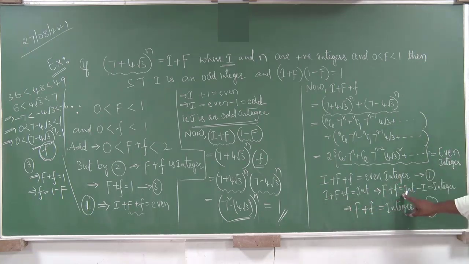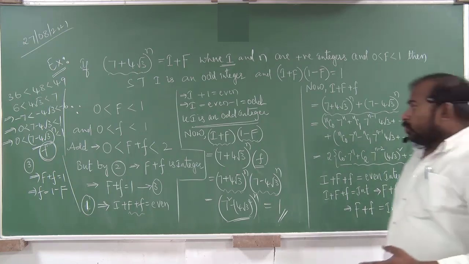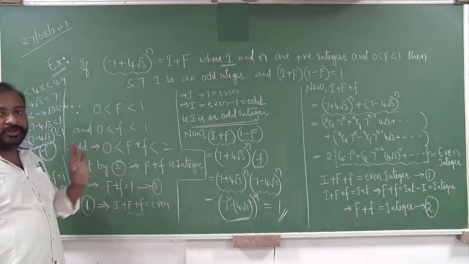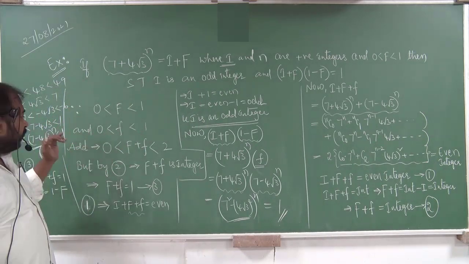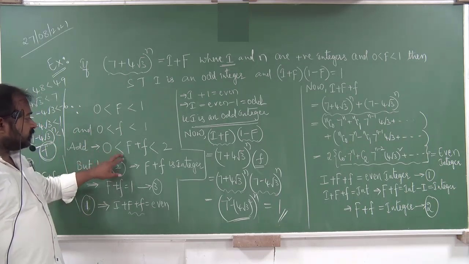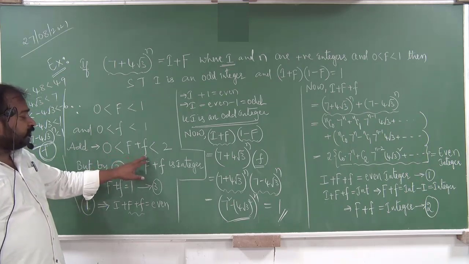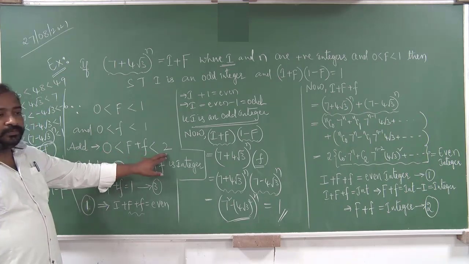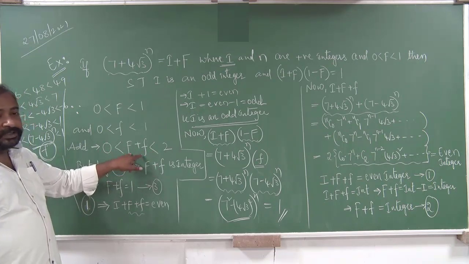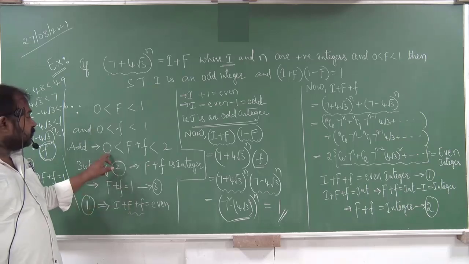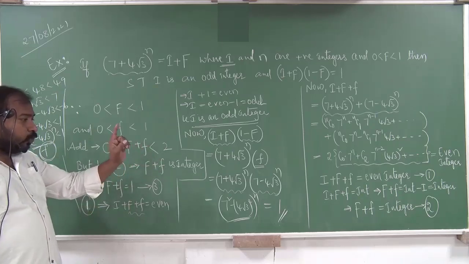Then capital F plus small f is equal to integer minus integer, so it is an integral value. But capital F lies between 0 and 1, and small f also lies between 0 and 1. If I add them, I get 0 less than F plus f less than 2. So F plus f lies between 0 and 2, and it is an integral value. What is the possibility? F plus f is 1 only, since between 0 and 2 there is only one integer.